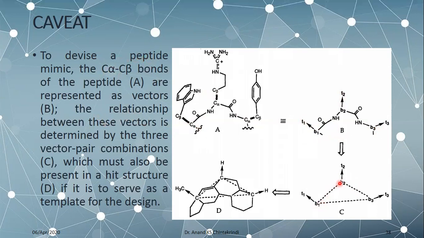So there will be a B1 B2 combination, B2 B3 combination, and B3 B1 combination. Now the combination which fits the source database of 3D structures serves as a template for design. You can see from this example, you get a molecule which is fitting this template.